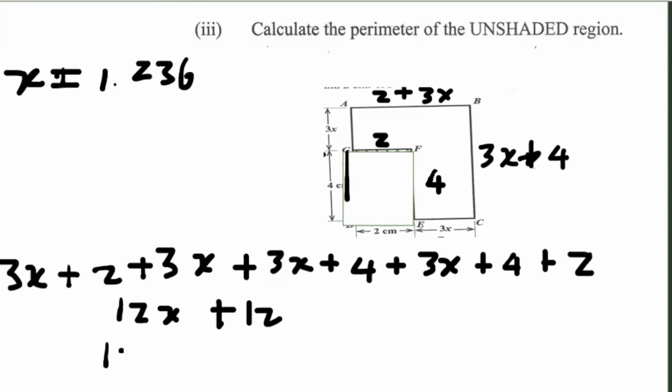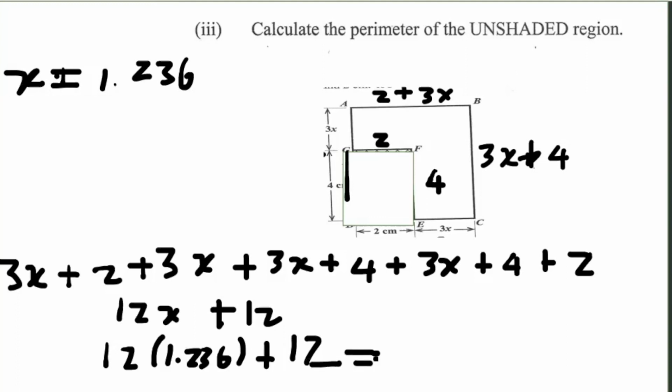So I replace x with 1.236 and add 12. Calculating this, 12 times 1.236 is 14.832, plus 12. I'm going to round it off to one decimal place. So I will get 26.8, and the units is centimeters.